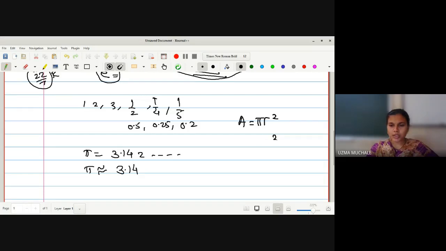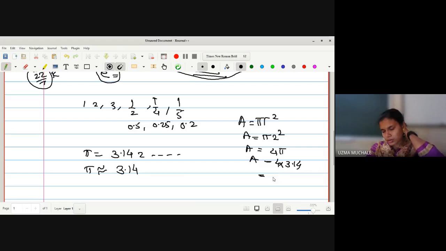Suppose r is 2, and here pi. So what will be the area? 4 into pi, that is 4 into 3.14 and so on. That will be somewhere near 12 or 13. Now can anyone tell me whether you get the exact value of the area?